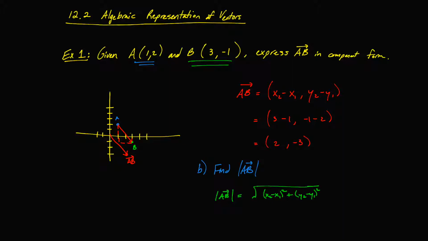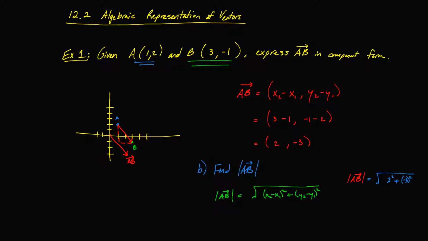And you may have seen this before. If you made the connection, kudos to you. So let's continue and plug these in. I'll do this in red again, maybe I should have done blue. I'll change that one to blue. It is equal to the square root of 2 squared plus negative 3 squared.